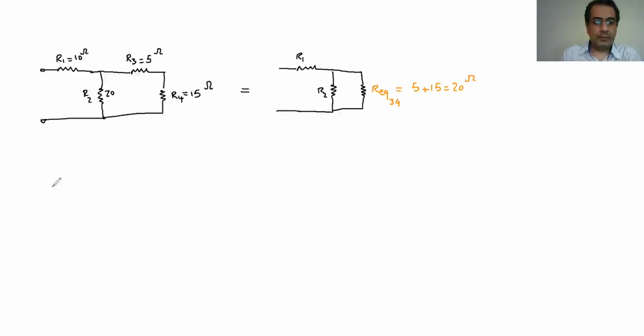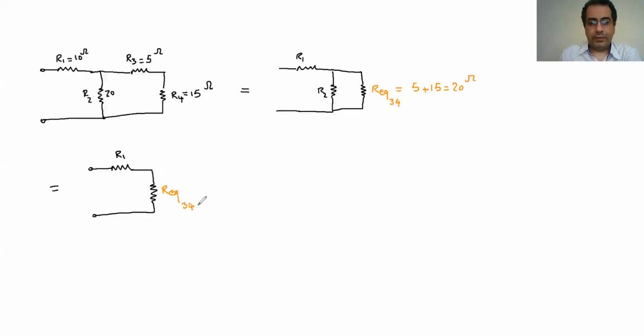So R1 I just leave, because it's not parallel or series with anything. These two are parallel, so I replace them with one resistor, which is the equivalent of 3, 4, and 2.